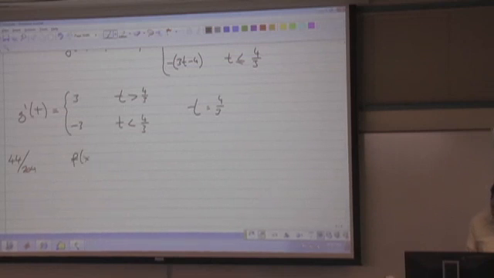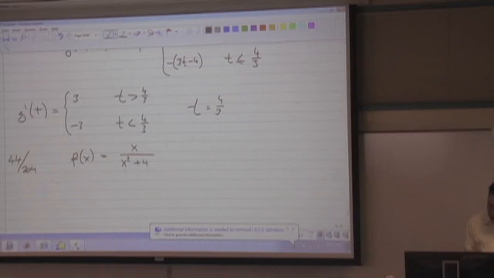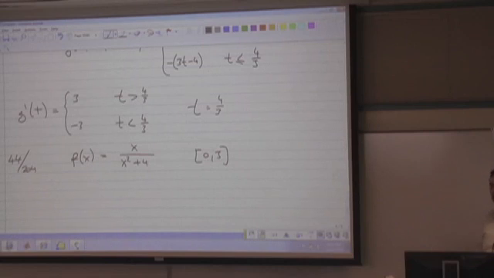Okay, so f of x is equal to x divided by x squared plus 4, and we're looking at the interval between 0 and 3. So if we look at f prime of x, we have x squared plus 4 minus 2x squared, divided by x squared plus 4 quantity squared.